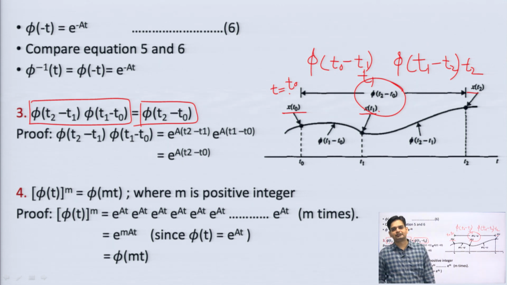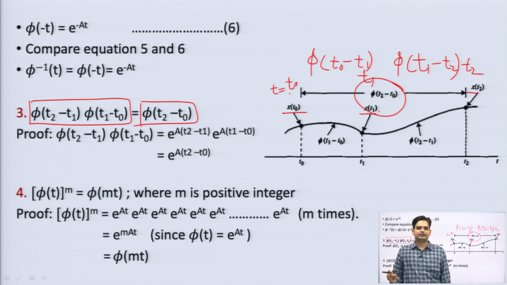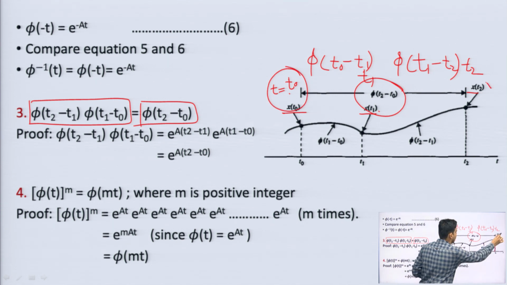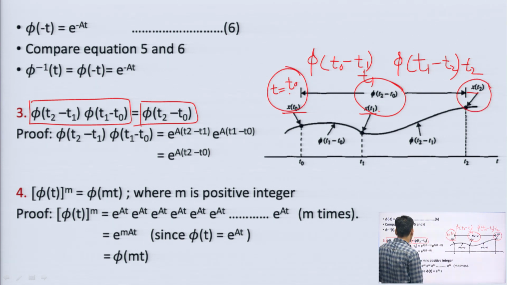Okay. So, this is a property of the state transition matrix. It means that if I combine the STMs of two different transitions, it gives you the transition between the state at t0 and the state at time t equal to t2, right. So, this is again a very good property of the state transition matrix.